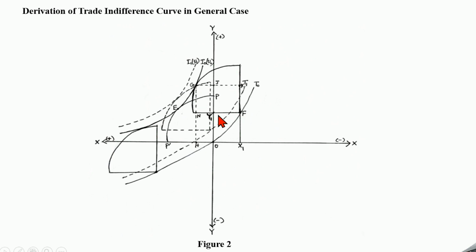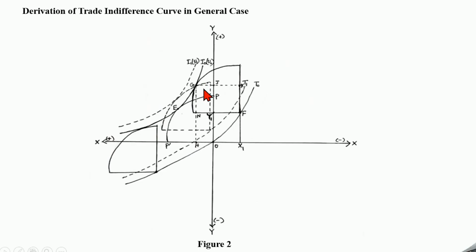Now, comparing these production and consumption levels of the two commodities, we can get the export-import combination corresponding to this point G. Here we can see that at point G, the country is consuming commodity X by the amount GJ, that is OH, and the country is producing commodity X by the amount GK.